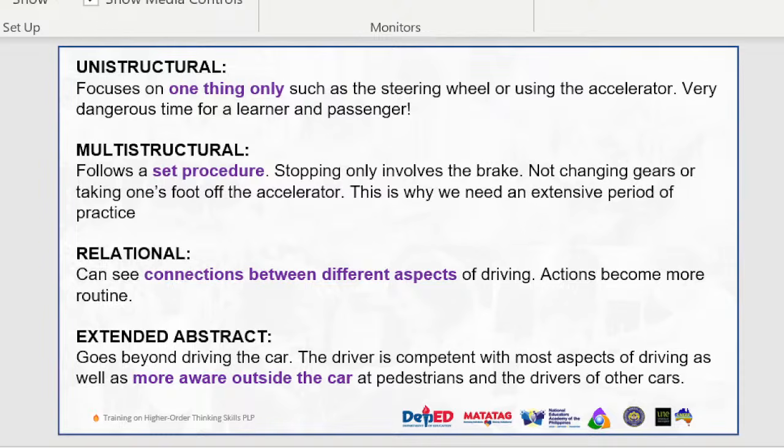With extended abstract, it goes beyond driving the car. The driver is competent with most aspects of driving, as well as more aware outside the car of pedestrians and the drivers of other cars. That's the extended abstract level.